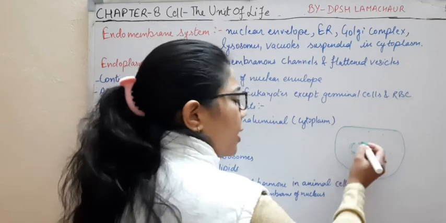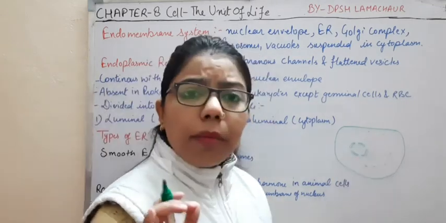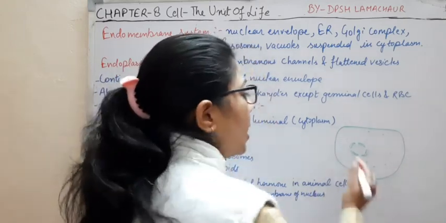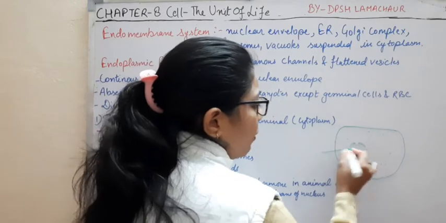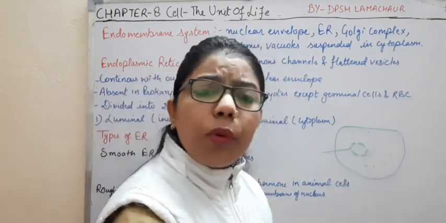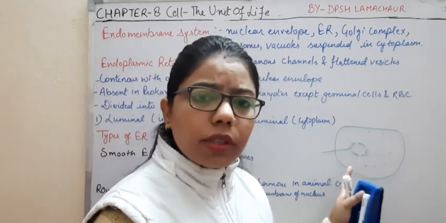So the nucleus is surrounded by a membrane, which is the nuclear membrane, and this nuclear membrane has pores. The function of these pores is to help transport whatever is required from inside to outside and outside to inside.